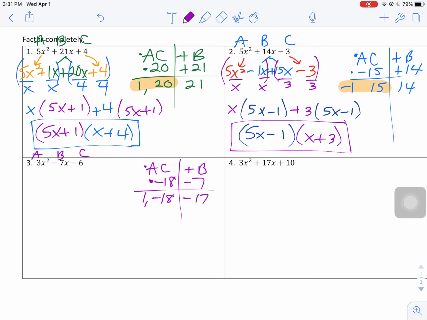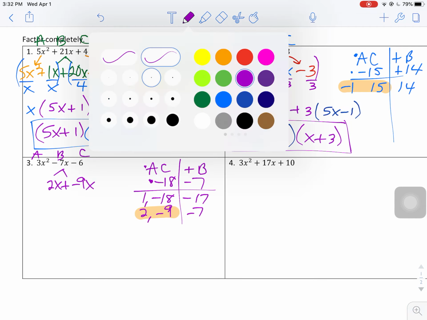So that first set of numbers does not work. Let's try 2. 18 divided by 2 is 9. Make my bigger number negative. 2 plus negative 9 is negative 7. So yes, that works. So we're going to split negative 7x into 2x plus negative 9x.